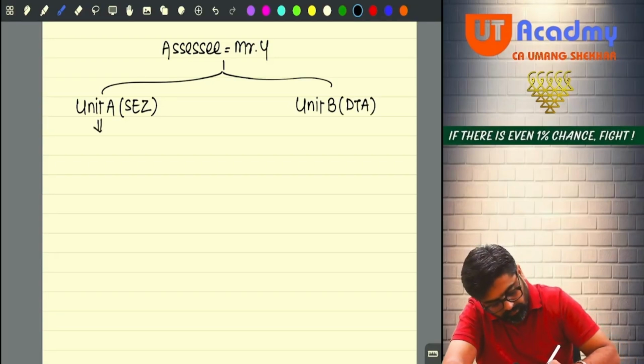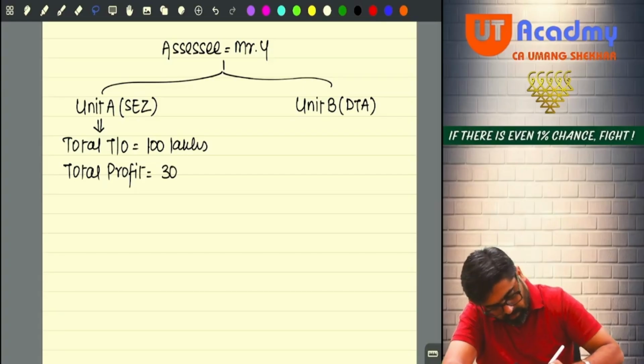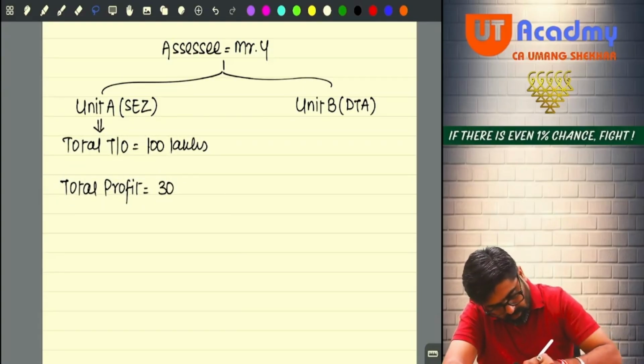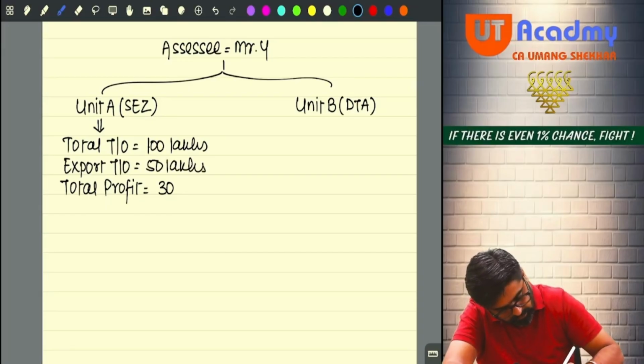Unit A business, total turnover 100 lakhs. Total profit is 30 lakhs, and export turnover is equal to 50 lakhs.